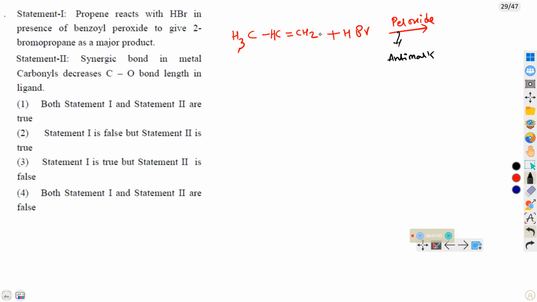Add the hydrogen atom to the unsaturated carbon which contains less number of hydrogen. Sorry, not OH, Br. Add bromine, then it gives 1-bromopropane.